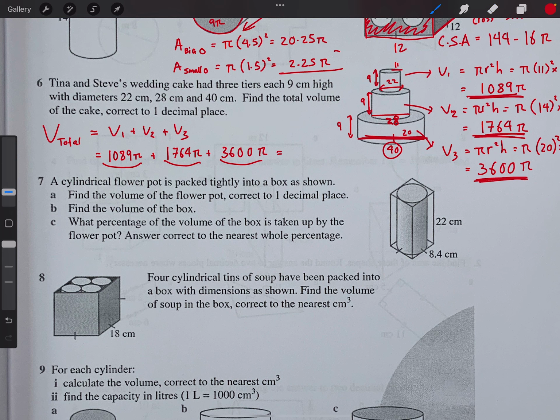So let's see what we get. 1089 plus 1764 plus 3600 gives me 6453 pi. This is the exact volume of the cake.